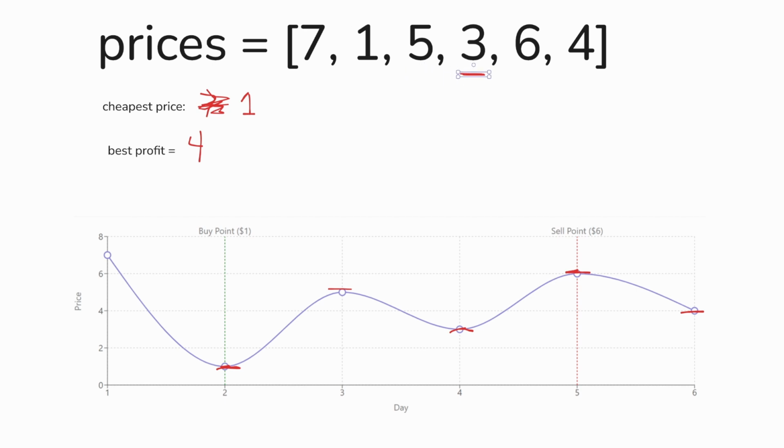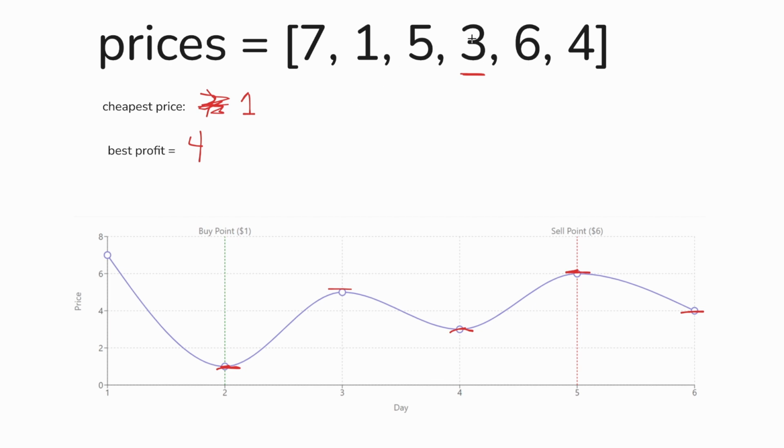Okay, so now we're on day 4. We know the cheapest price is still 1. So with the cheapest price still being 1, what if we were to sell on day 4? It would be $3 minus the cheapest price that we've seen.